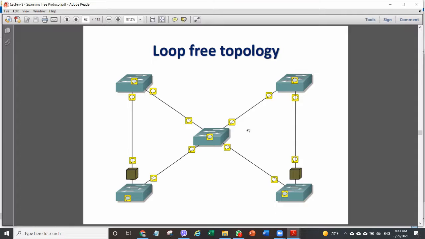Then all the traffic might go through this. Then I want this to be the root without having any argument. What I'm doing is making its priority a very low value. Then that will not be changed. Always that switch will act as the root. Okay.